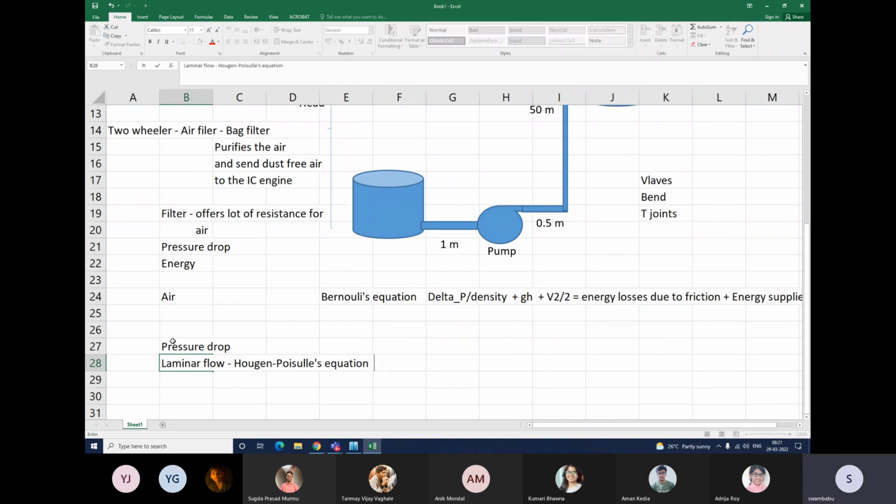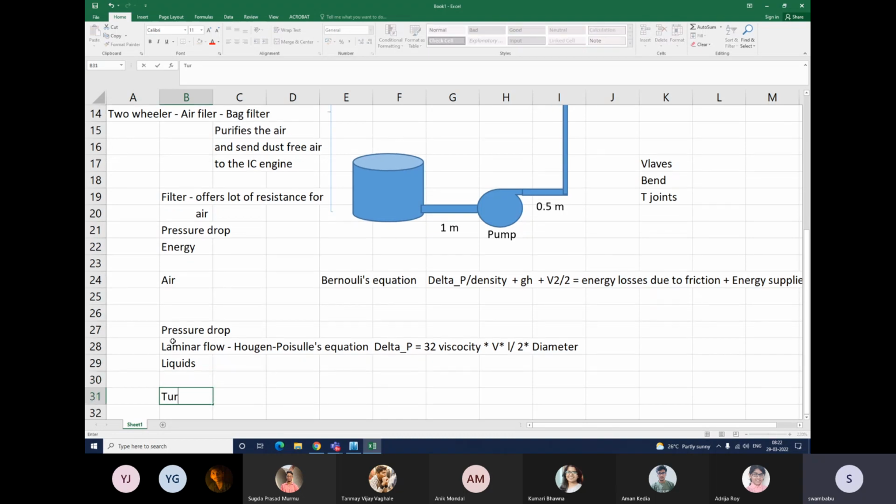Hagen-Poiseuille equation: delta P equals viscosity mu times V times L by 2D, velocity times the length of the pipe by 2 times the diameter. This is a very important equation. It predominantly works accurately for liquids.